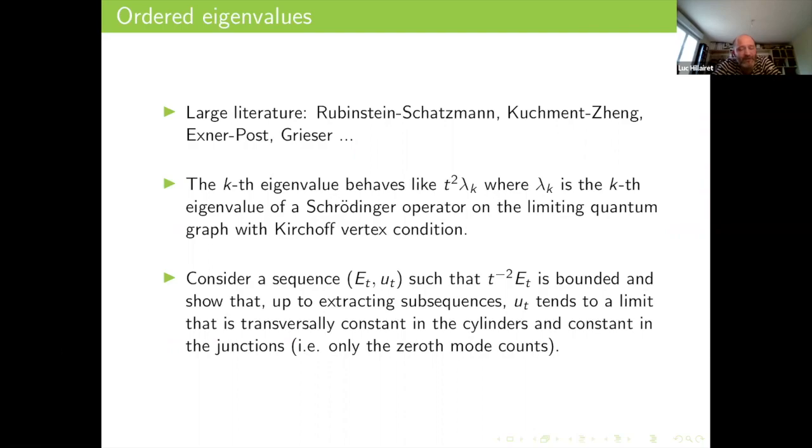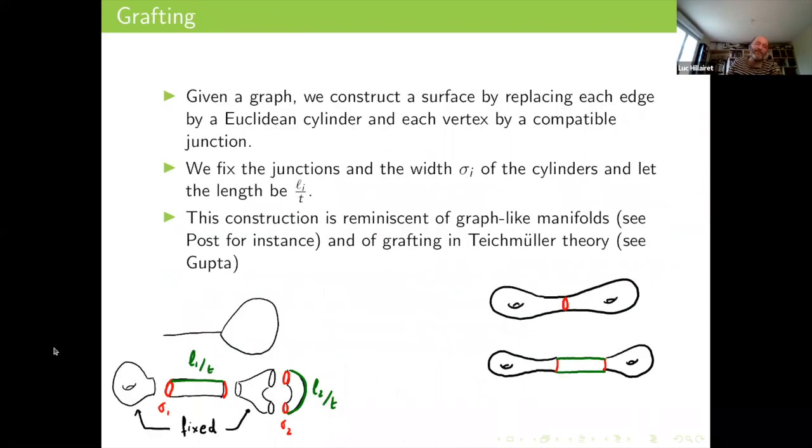What you see is that the kth eigenvalue behaves like t squared lambda k, where lambda k is the kth eigenvalue of a Schrödinger operator on the limiting quantum graph with Kirchhoff vertex condition. The simplest case is where all the sigmas are the same. Then it's just a standard quantum graph Laplace operator that you obtain.